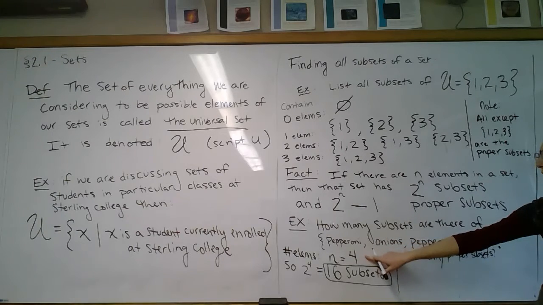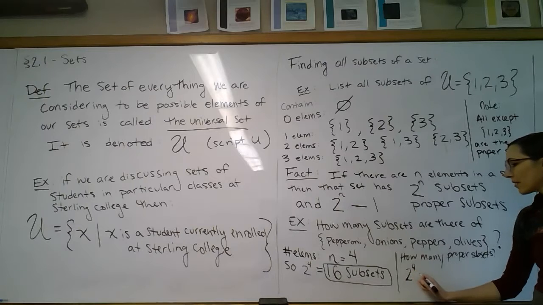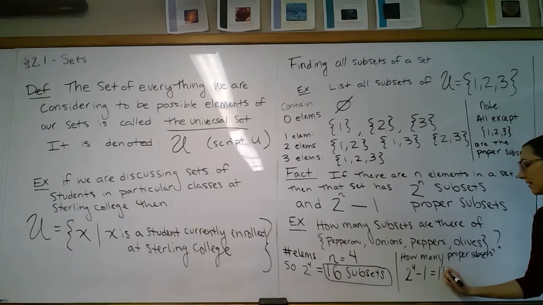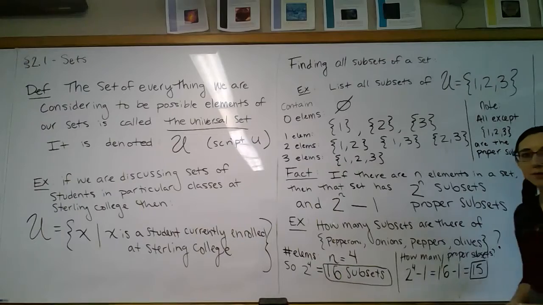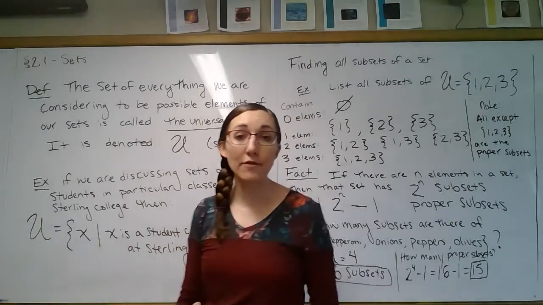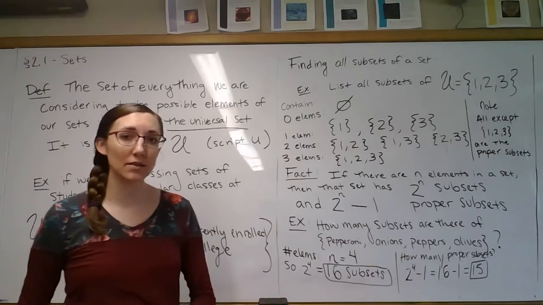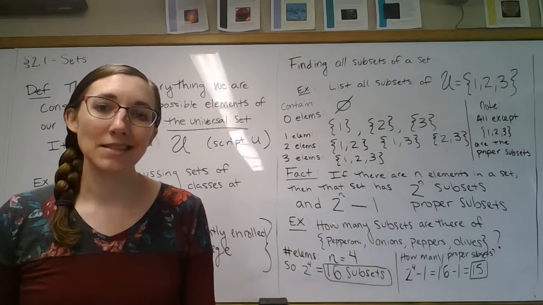Well, again, there are 4 elements, so it would be 2 to the 4th, and then minus 1, so it's 16 minus 1, there's only 15 proper subsets. Notice it's all of these ones, it's the same list, except not the one that contains everything, not the pepperoni, onions, peppers, olives pizza.